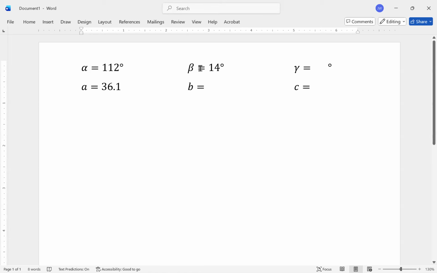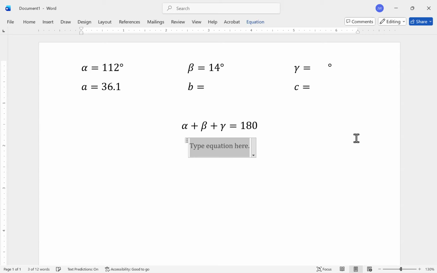Whenever I have two angles, I usually find the third immediately. And what I'm using there to find the third is the fact that the three angles of a triangle add up to 180 degrees. So if I know that alpha is equal to 112 and beta is equal to 14, I can easily find gamma using this equation.